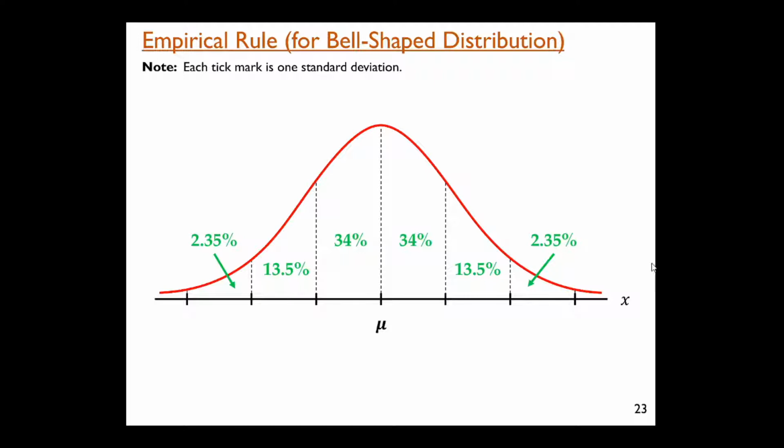Okay, so that's not it. We still have these small areas here, the tails, as well. To figure those out, we can use the same concept. We know that under the entire curve is 100%.